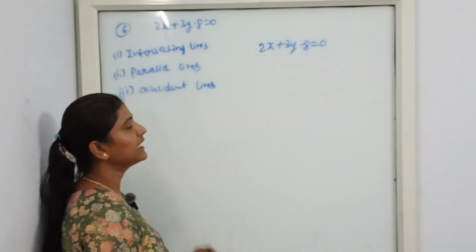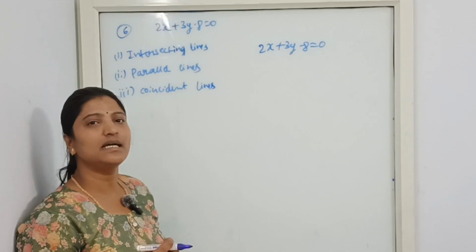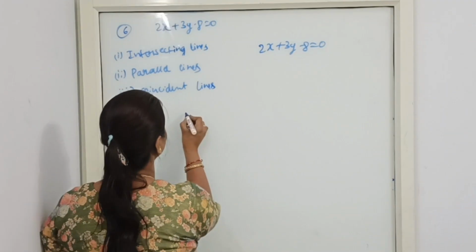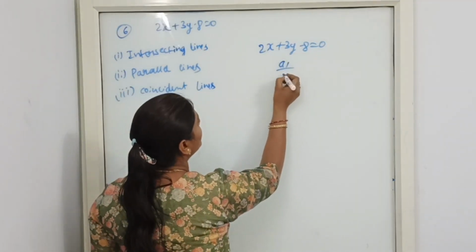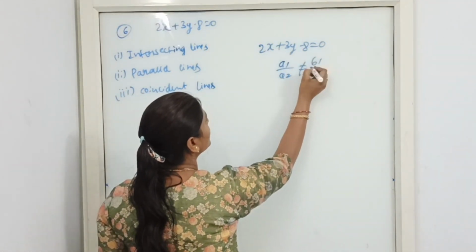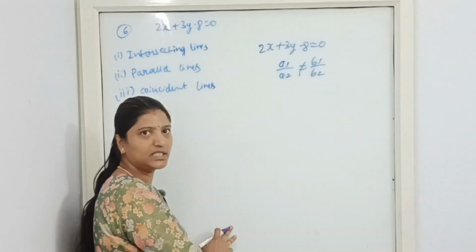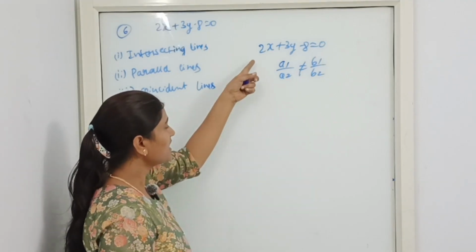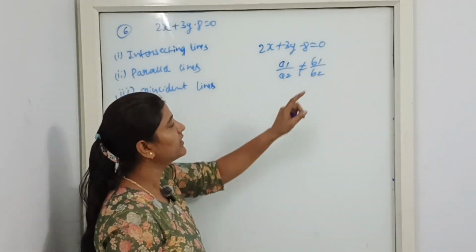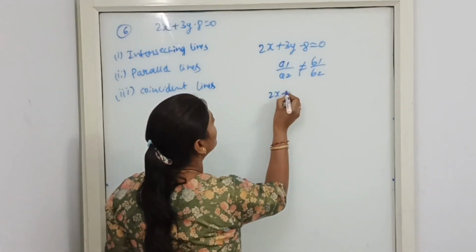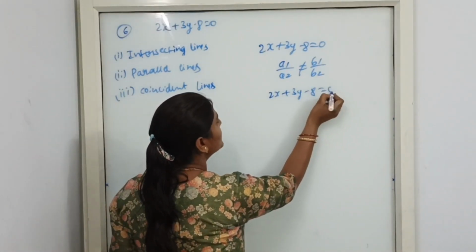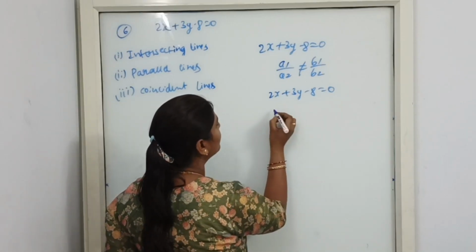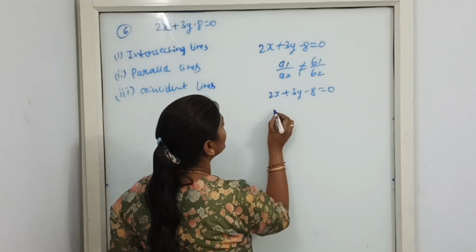For these intersecting lines, you should recall what the ratio comparison is for intersecting. For intersecting it is a1 by a2 shouldn't be equal to b1 by b2. So this is a1 and b1. Not equal means you can write anything, no?